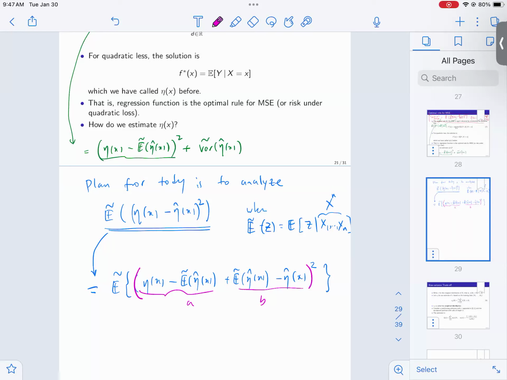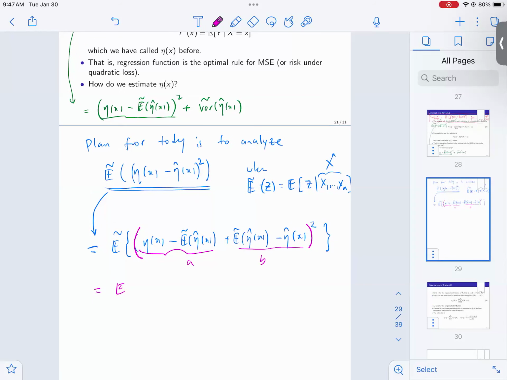The first term, a, is squared. So this would be the expectation of a squared plus b squared plus 2ab. So a squared comes out of the outer expectation. Why does it come out?